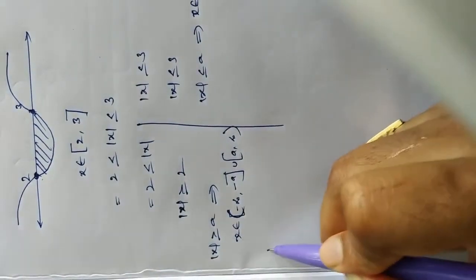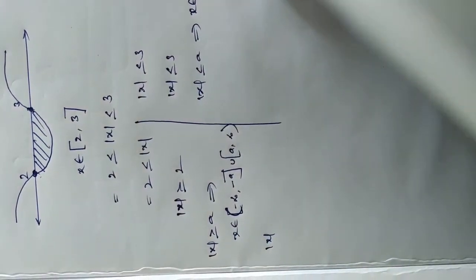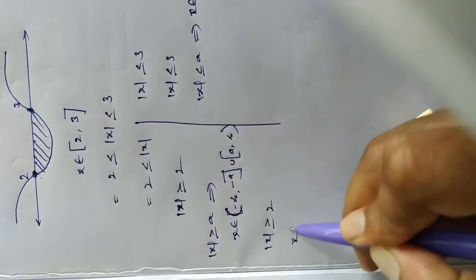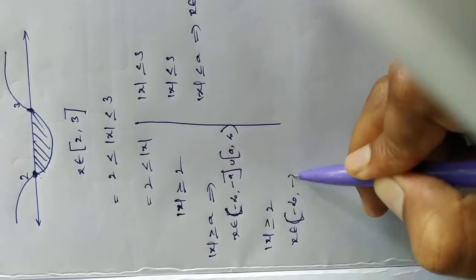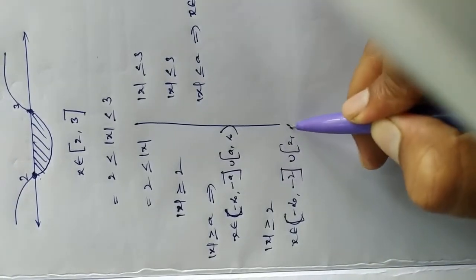So modulus of x greater than or equal to 2 is x belongs to minus infinity comma minus 2 closed union 2 comma infinity.